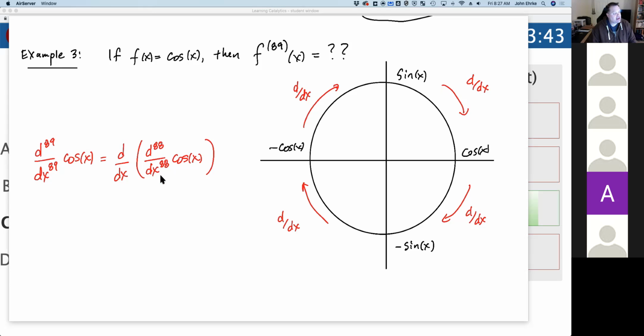So if I do 88 derivatives of cosine, I've gone around this circle 22 times and nothing has happened. So I'm right back to where I started. So this is really just the same as saying the derivative of cosine, and the derivative of cosine is minus sine. So it's important to remember that if you take the derivative of these base trig functions 4 times, you get back to where you started.